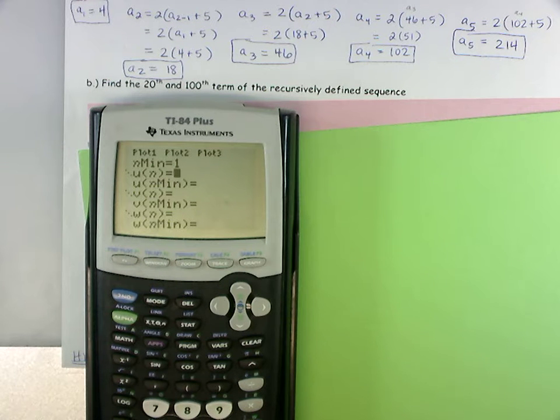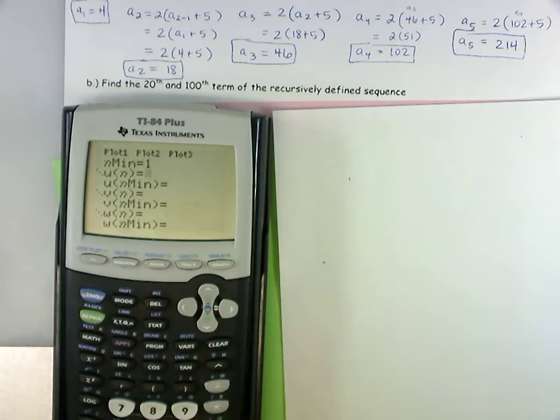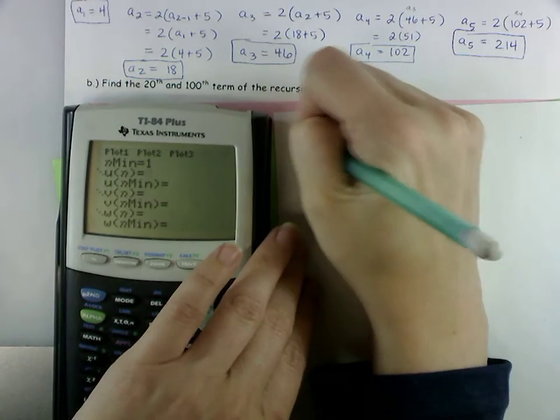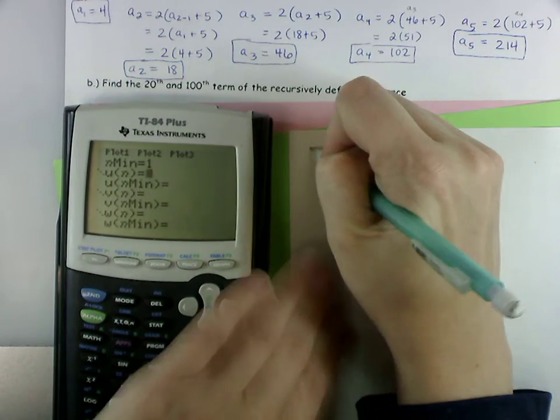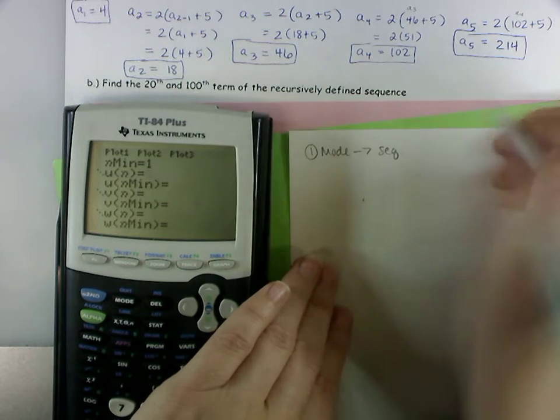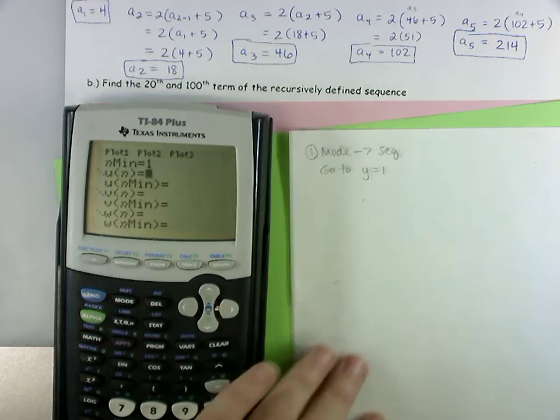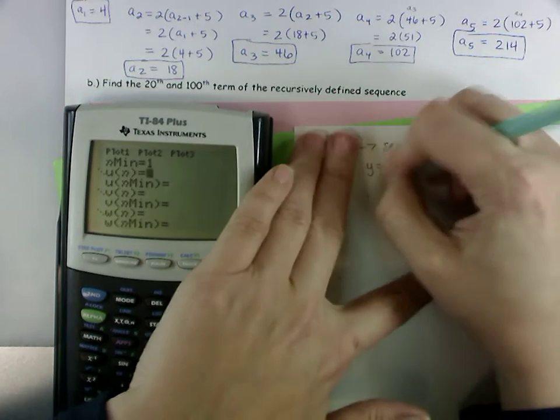I'm going to write these directions down so you have them, and then you can also watch the video later. Okay, so step 1, your mode needs to be in sequential. And then you're going to go to your y equals, not y equals 1, just the y equals button.